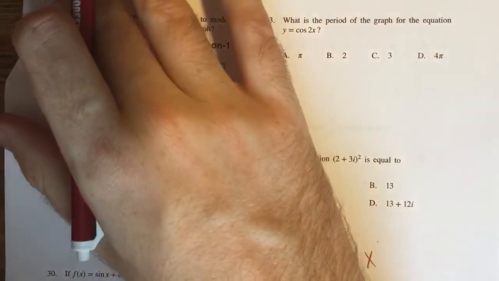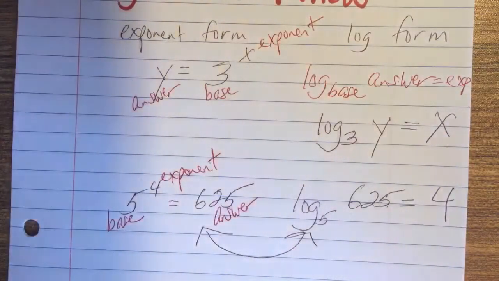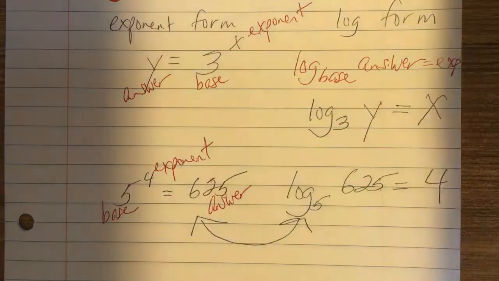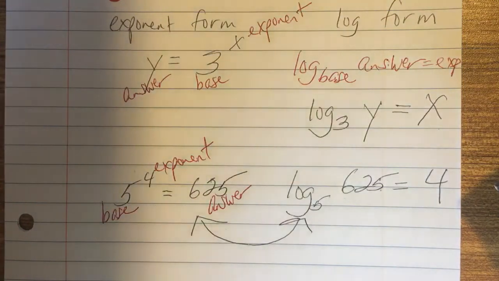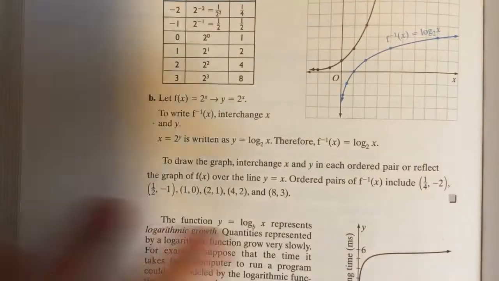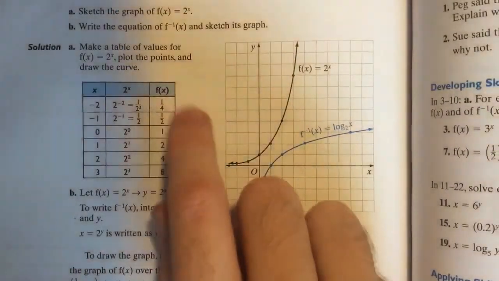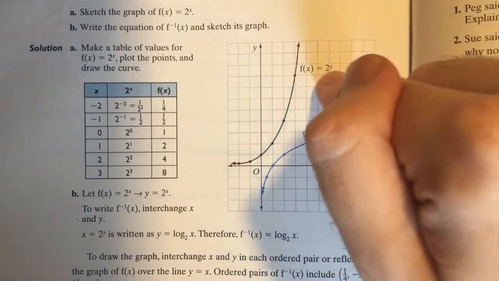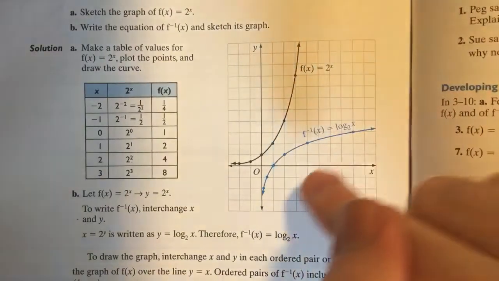And if we were to look at the graph of a logarithmic function, the logarithmic function is the inverse of the exponential function. So if we were to look at that relationship, we would see that the two graphs reflect over the line y equals x. In this case, that black graph here is f of x, or the output y, equals 2 to the x power, which is our exponential graph.